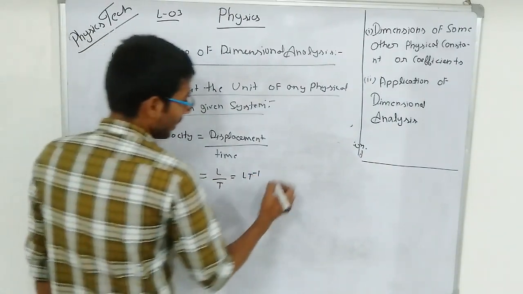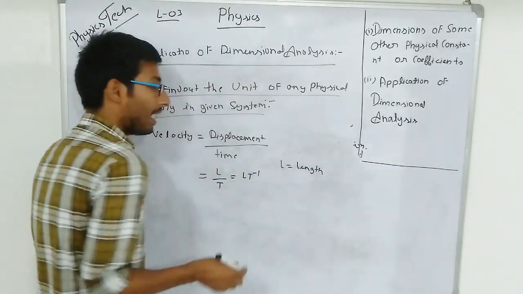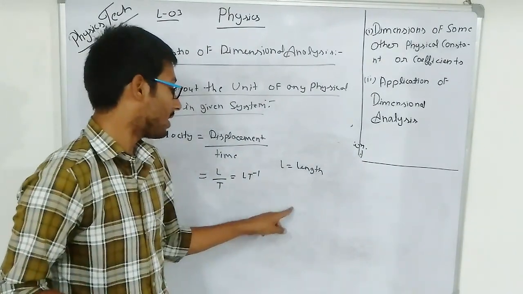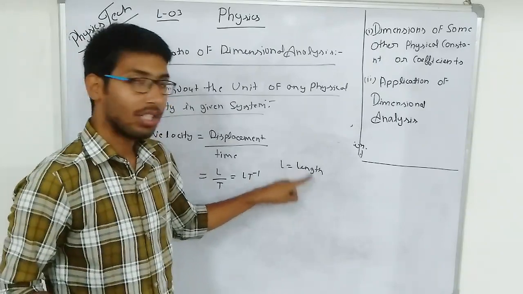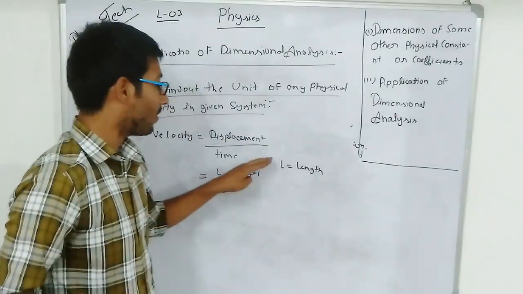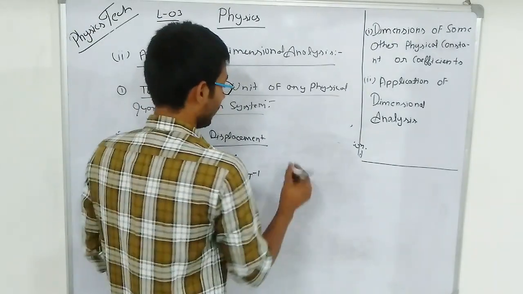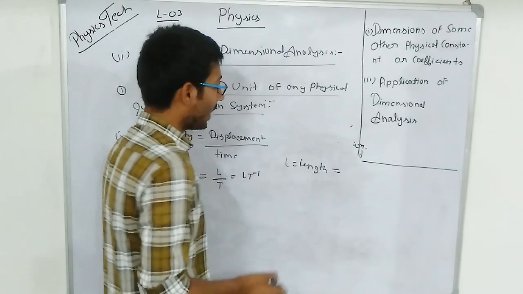We know that L is length, and in the MKS or CGS system, L is length.